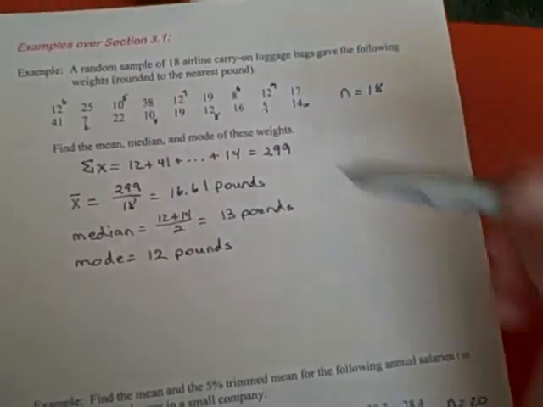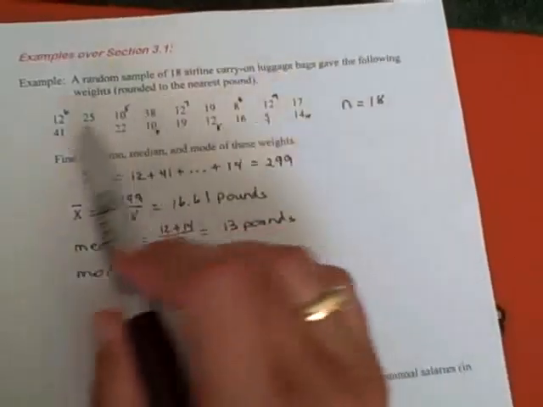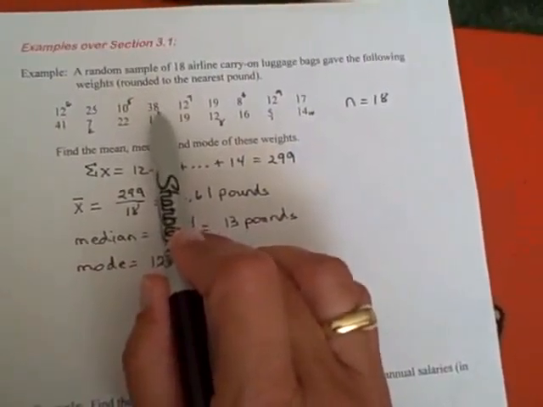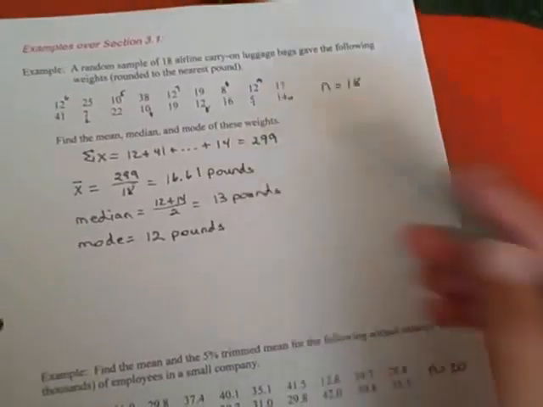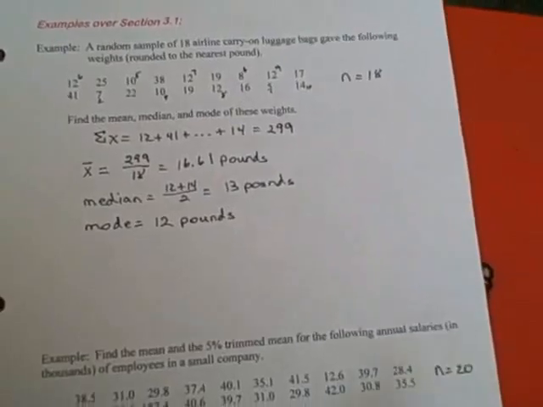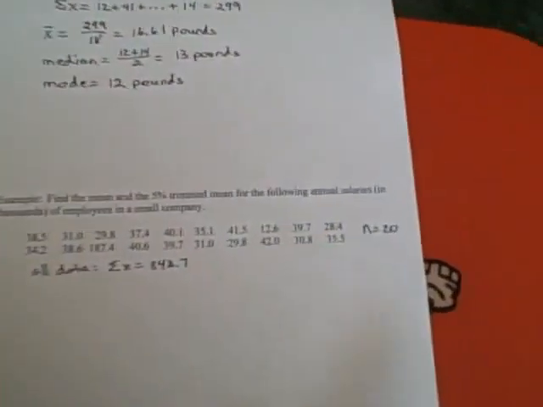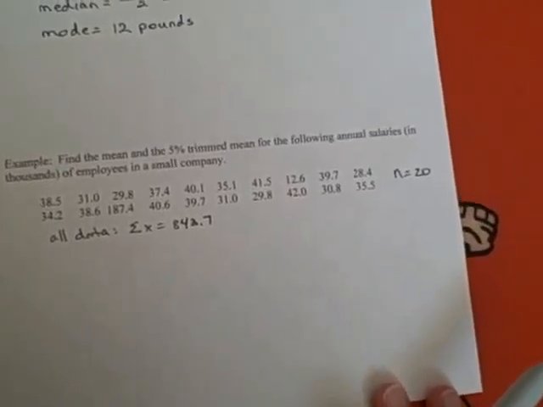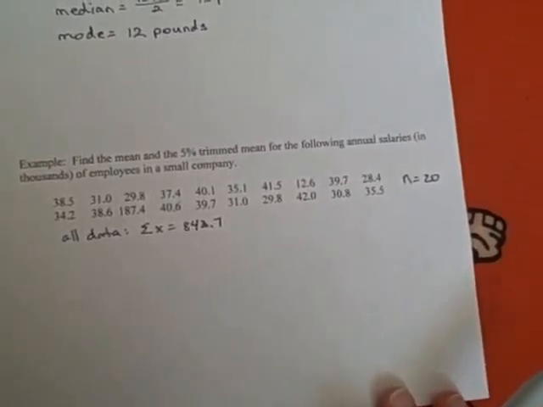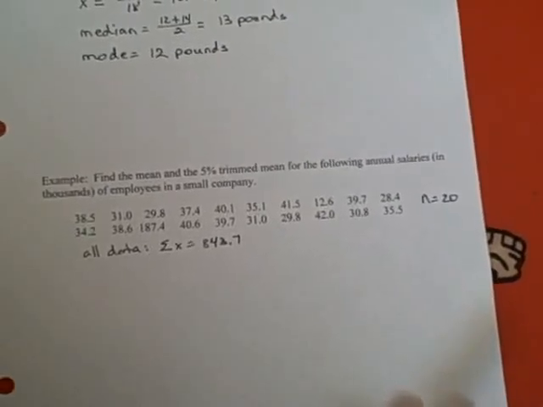Okay, so sometimes the sample mean's good, but if you have what I might call outliers or extreme values, that can get moved quite a bit more than what the median or the mode would be.